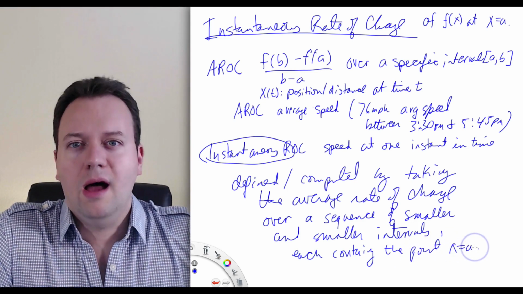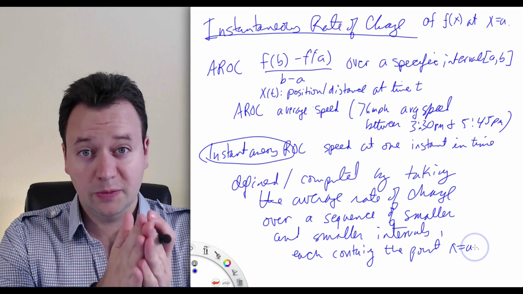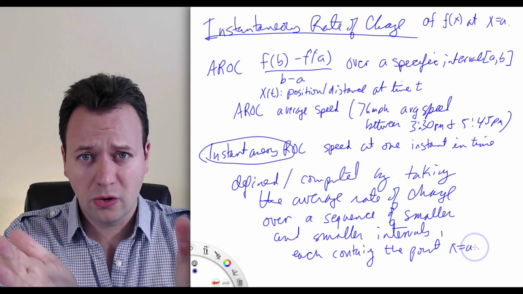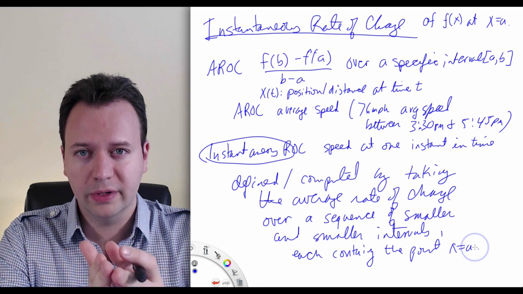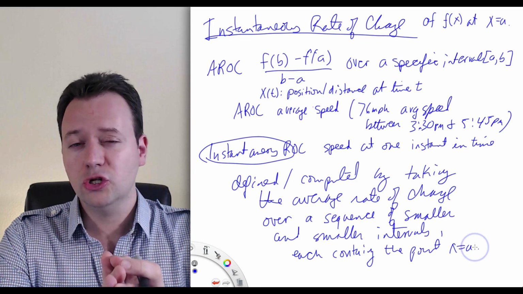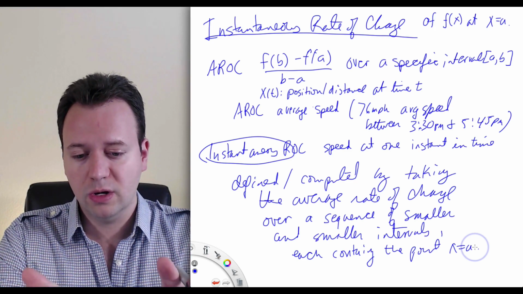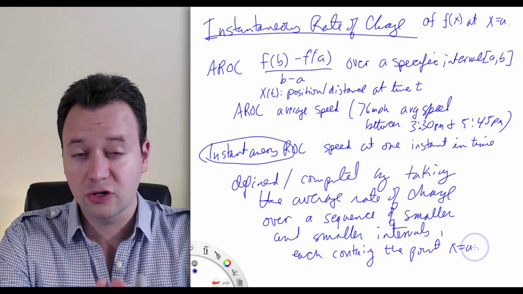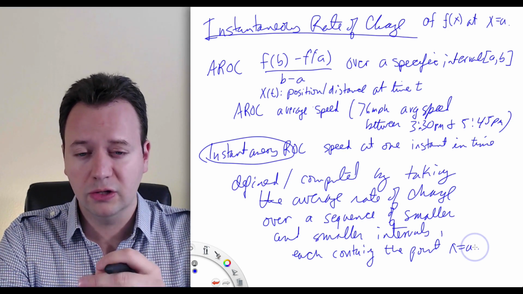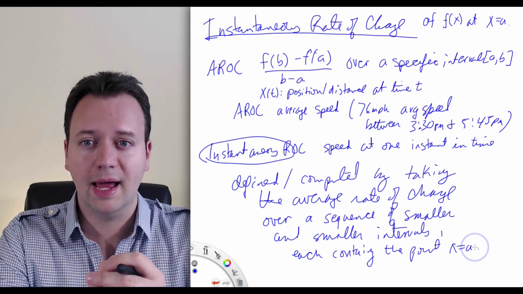So how we understand the instantaneous rate of change is by taking the average rate of change over this smaller and smaller sequence of intervals. And eventually the rate of change will level out to the instantaneous rate of change if the instantaneous rate of change is actually well defined and exists at that point.